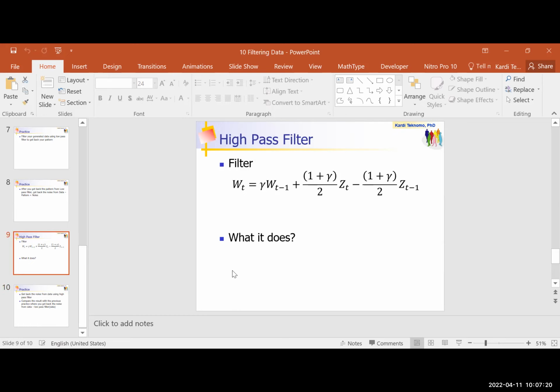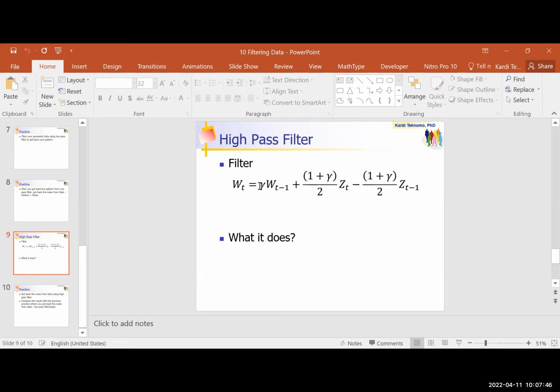Let's try high pass filter. You have another value of gamma here. So I call this gamma into alpha so that you will have the difference between high pass and low pass.